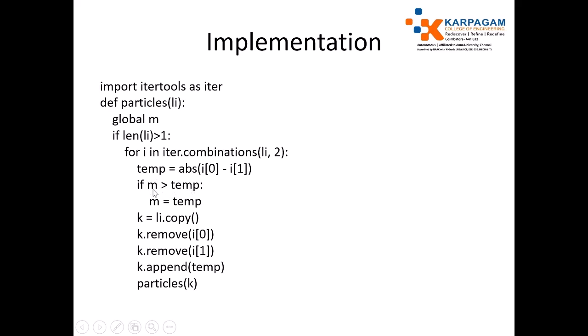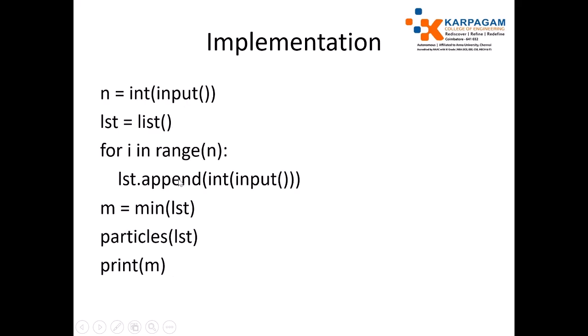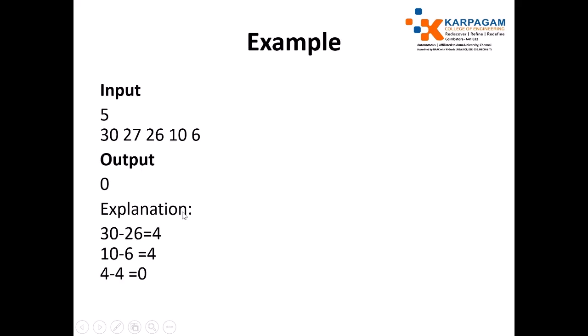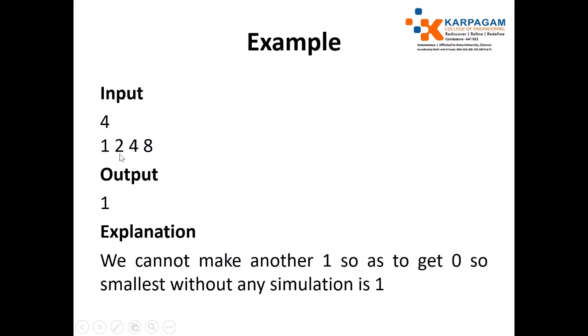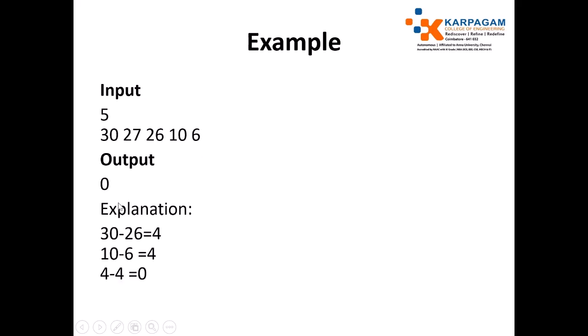Here m is used in the entry point of the program. Here m stores the minimum element in the list. For this example 1 2 4 8, the minimum element is 1, so m is 1 in this situation.